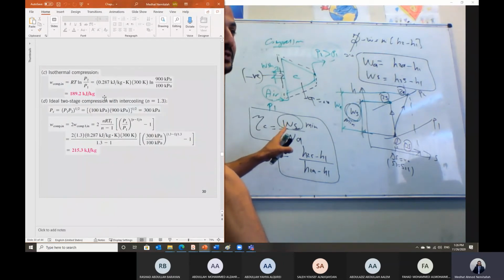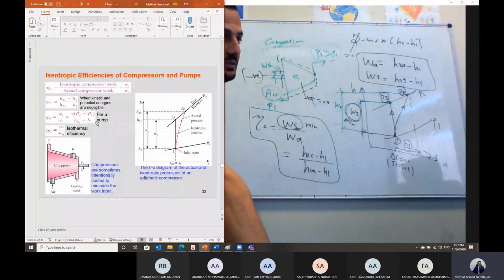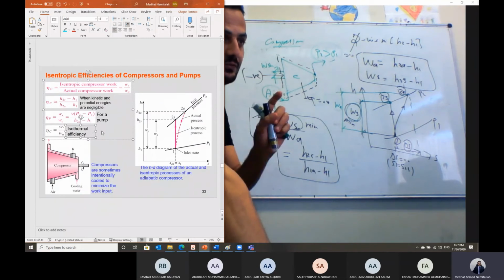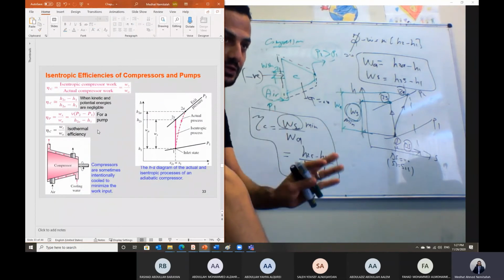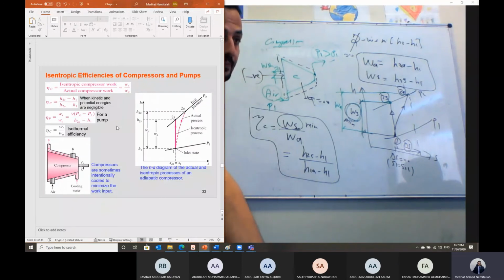The minimum work is the isothermal work, which is equal to RT ln P2 over P1. So the isothermal efficiency is the isothermal work divided by the actual work. But this is for your knowledge, okay? We are limited in this course to the isentropic efficiency, okay?